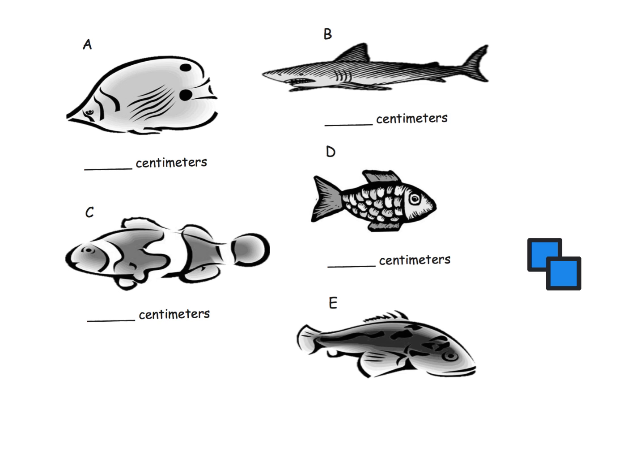So this set of problems right here is really just setup. It's groundwork for later in this very same homework assignment so that students can then start comparing lengths of these various fish. So just as a reminder, if we want to measure the length of this shark, we want to line up the endpoints, and we want to get those cubes so that there's no gaps and no overlaps.